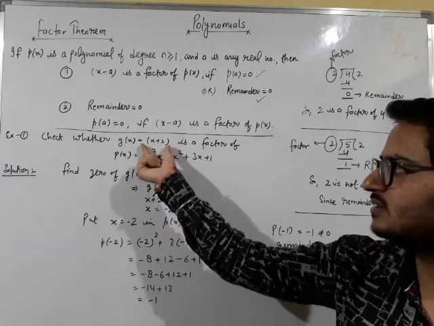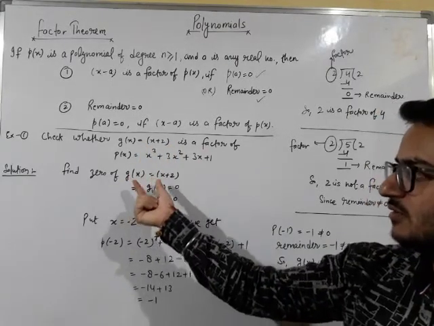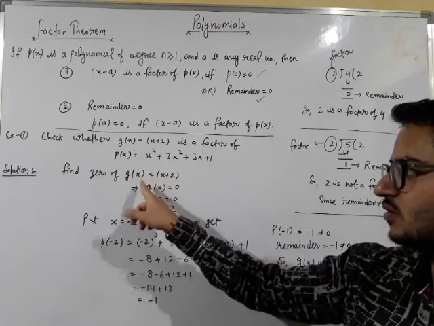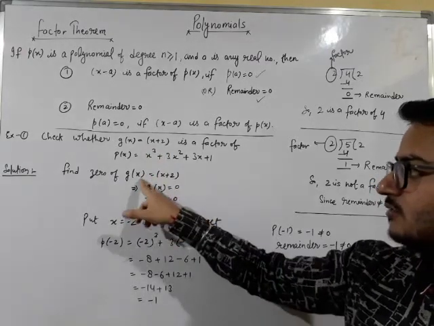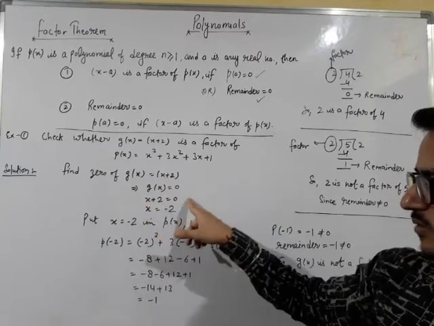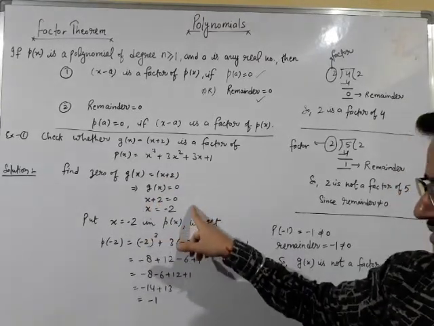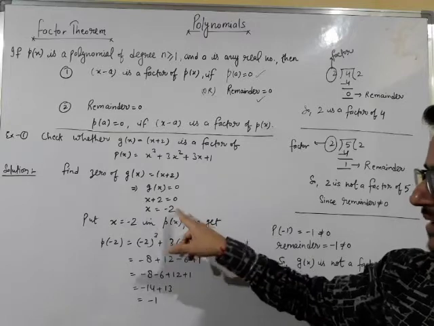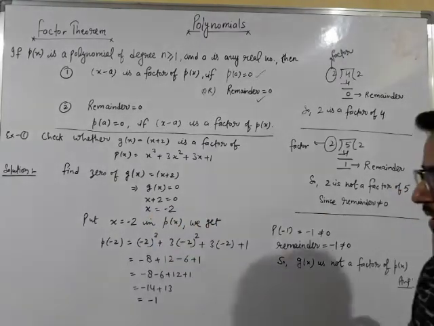We find the zero by putting g(x) equal to 0. The value of g(x) is x plus 2, therefore x plus 2 equals 0. 2 will be transposed and become minus 2. So x is equal to minus 2.